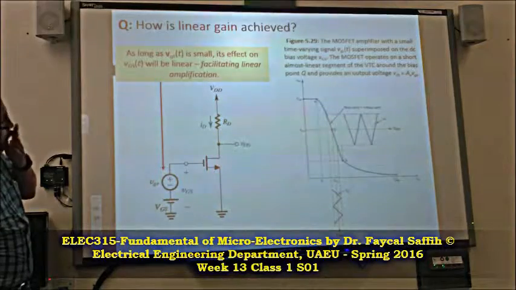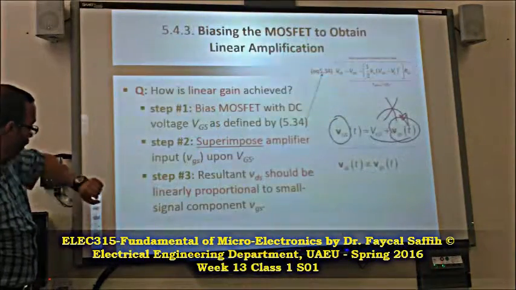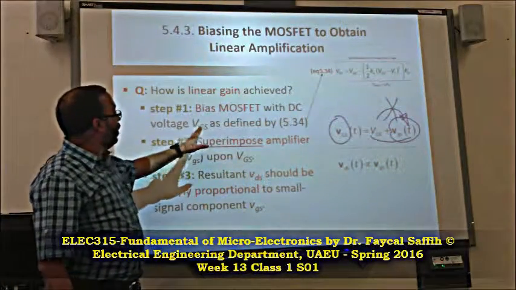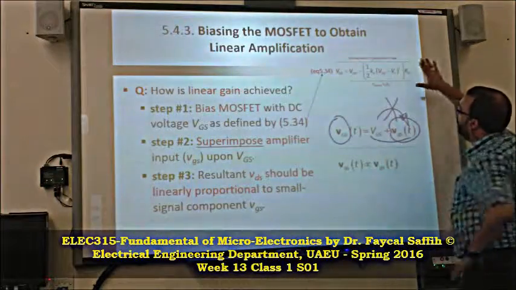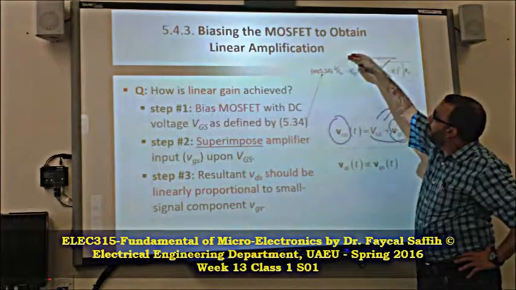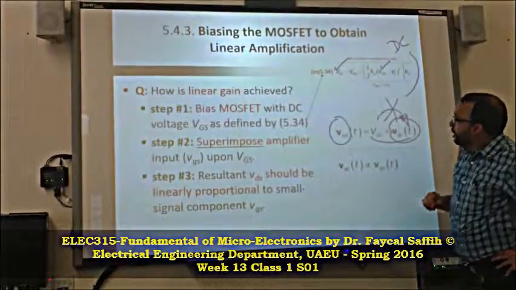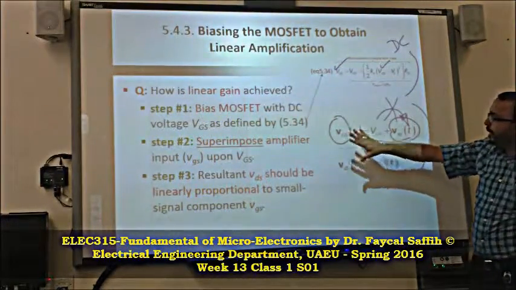But what's this? Did you miss anything in this slide? Let's see. Bias the MOSFET with DC voltage defined as follows. As we said before, we have to find the DC bias. This is the input, this is the output. So this is the DC analysis. Now when we come to the AC analysis, we have to put everything into perspective.